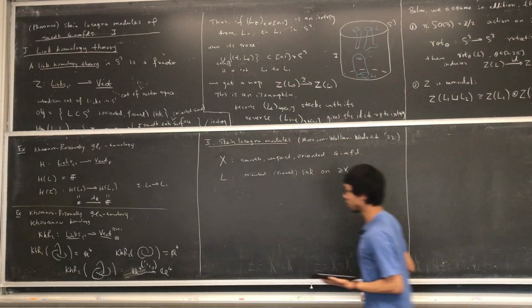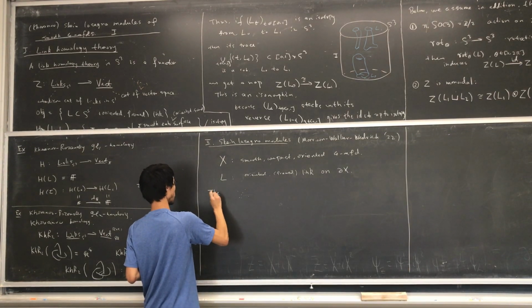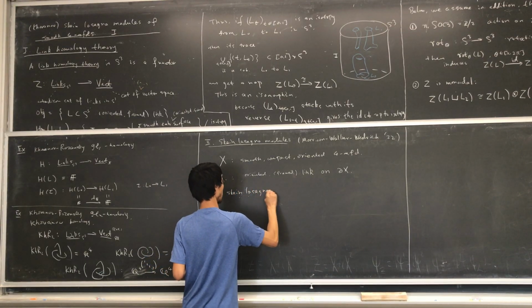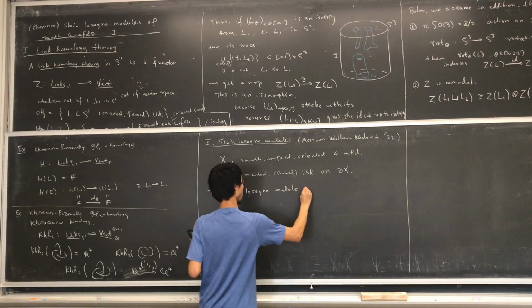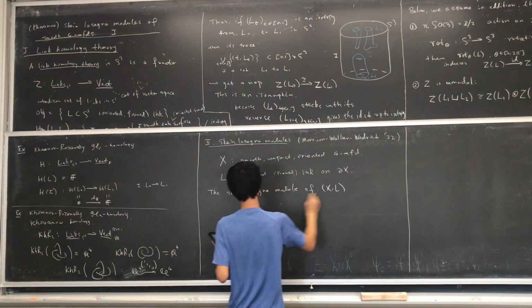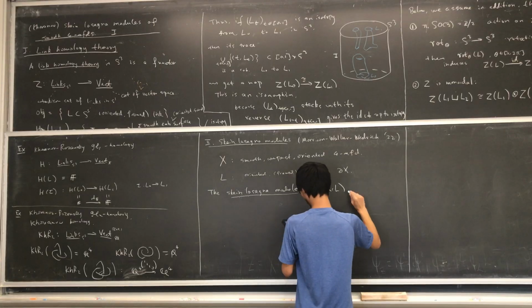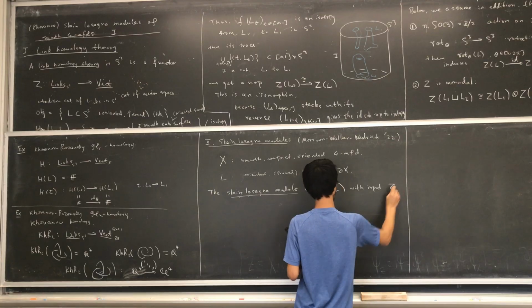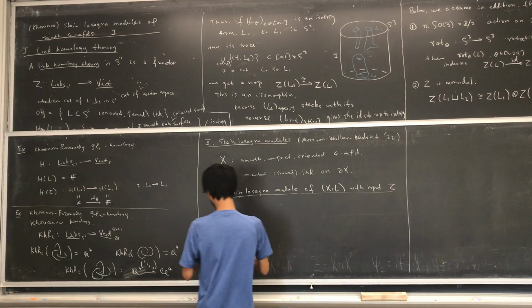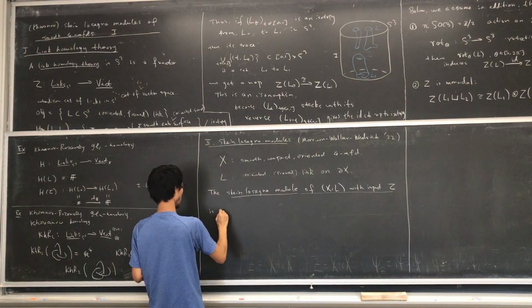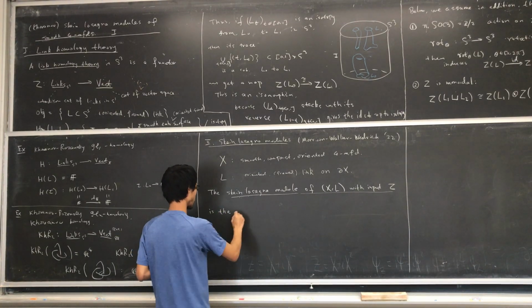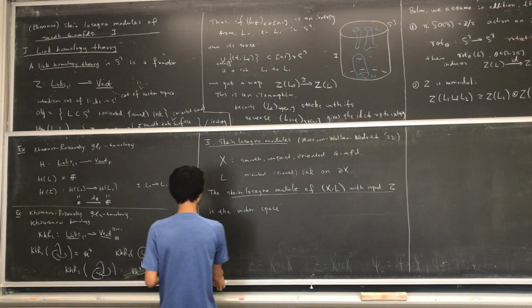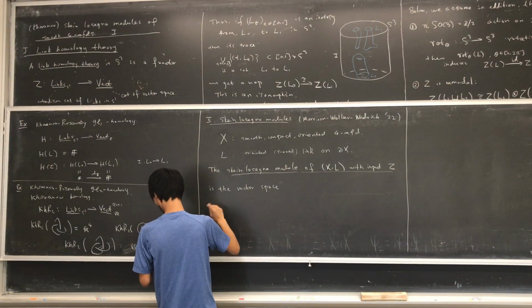And then the skein lasagna module will be associated to this pair, with input module C. Let's say it's just the vector space given by the following formula.